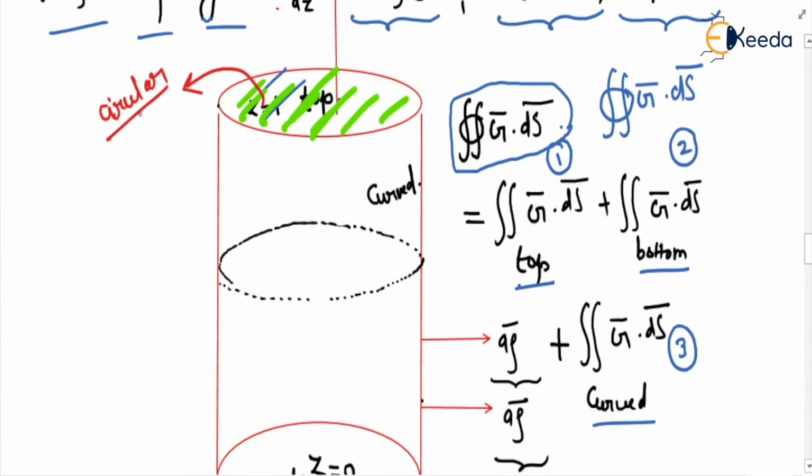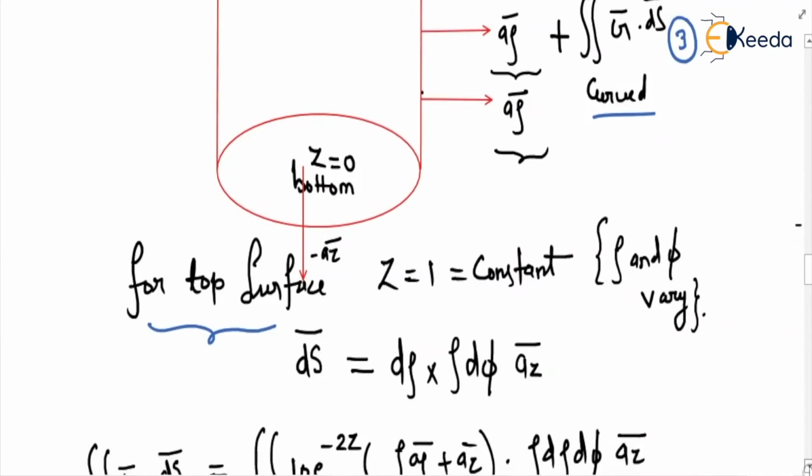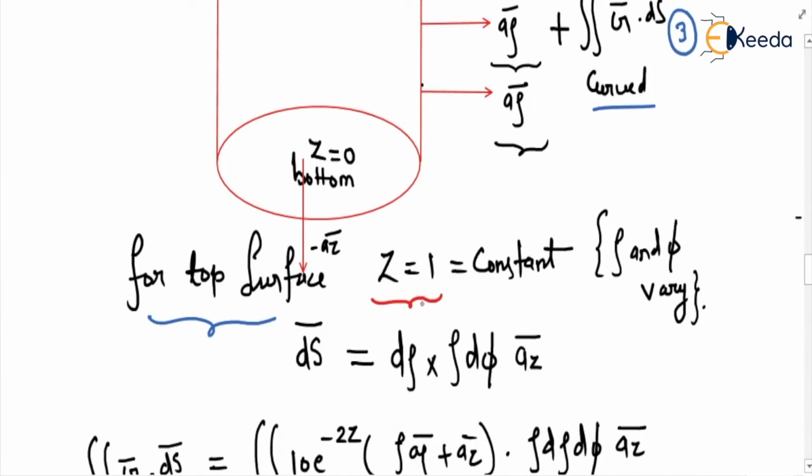For the top surface, z is equal to 1, which is a constant, but rho and phi are varying.